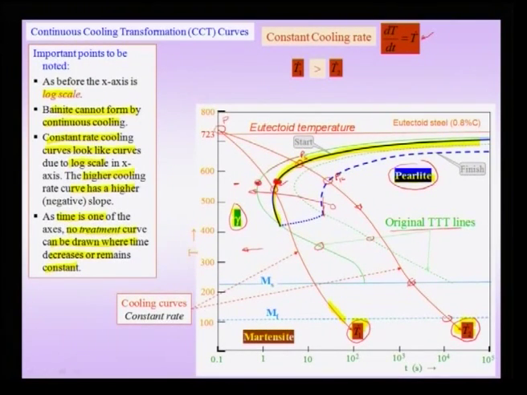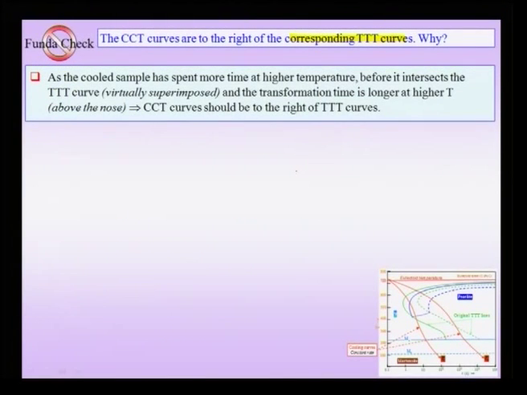So, this is my first intersection, say A is for TTT and B is for CCT. Why does it take longer time for me to produce pearlite when I use a constant cooling rate rather than a constant temperature? Now, the answer for that is that a cooled sample has spent more time at higher temperature before it intersects the TTT curve, which has been virtually superimposed.